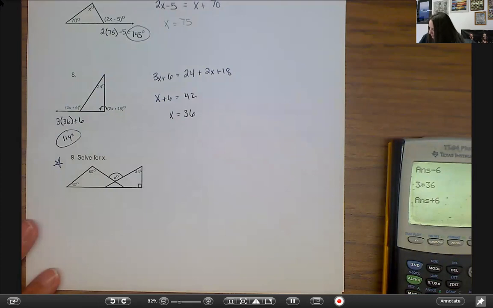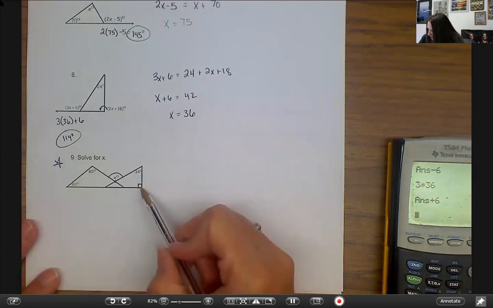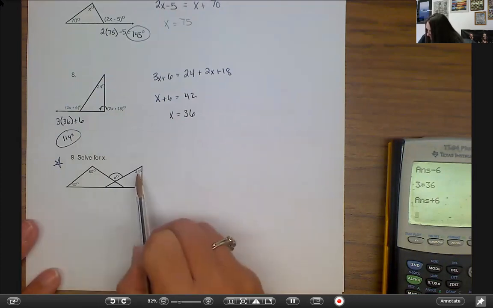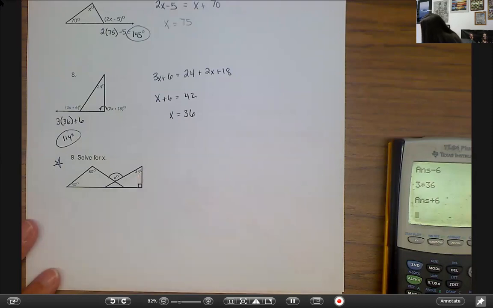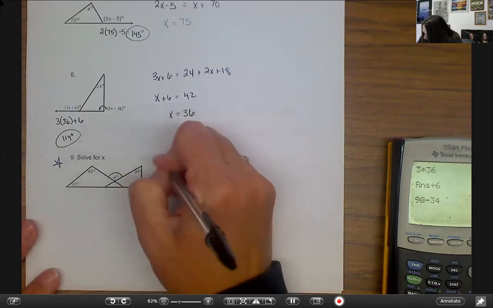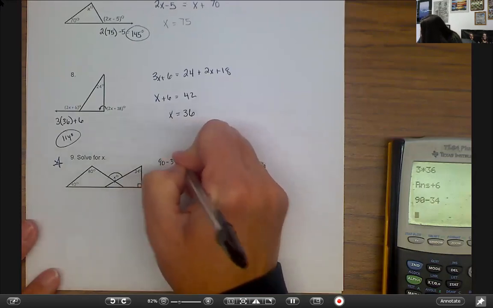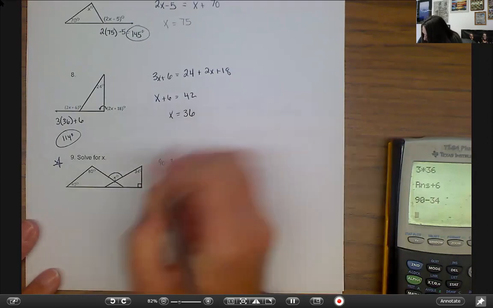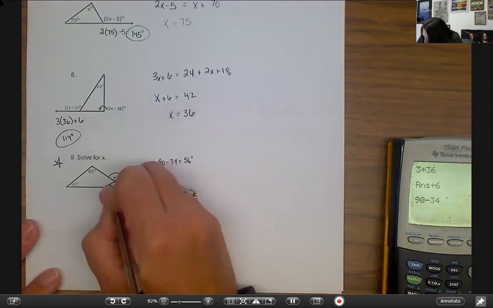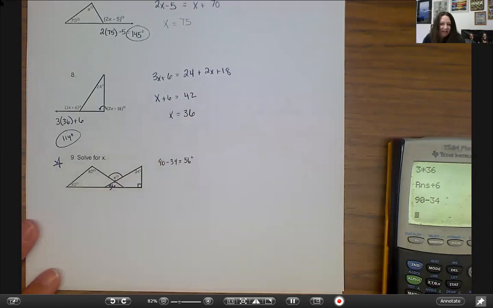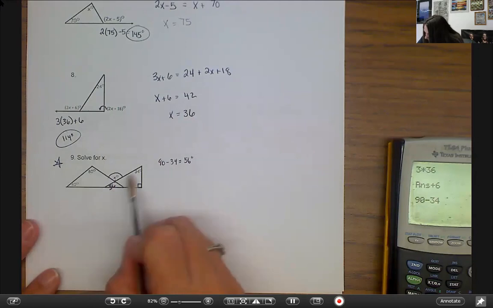What I should notice is I have a right triangle and I have one acute angle of 34 degrees. So if I take 90 and subtract 34, I would get an angle measurement of 56 degrees, which would go right here in this triangle. That one would be 56 because here's my right triangle.